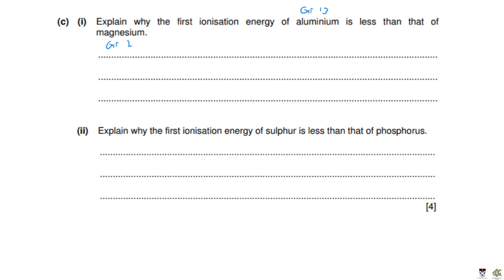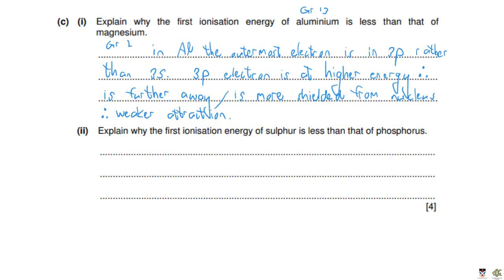We explain it by looking at the electron arrangement of these atoms. Your answer will have to mention that in aluminium, the outermost electron is in a 3p orbital rather than 3s, and being in 3p, the electron will be at a higher energy level, therefore slightly further away from the nucleus and also more shielded from the nucleus.